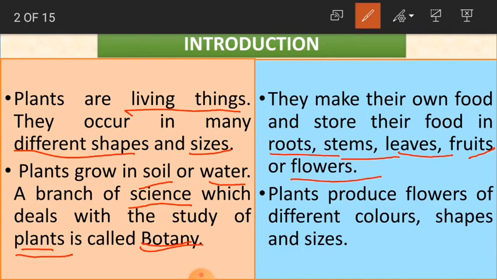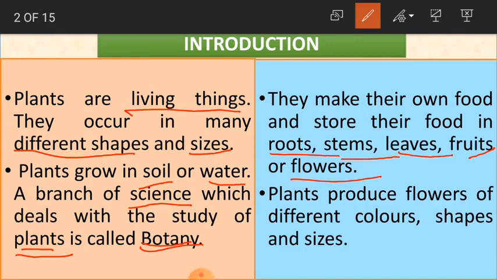For example, you take a rose flower. Only in one rose plant you will have so many different colors and shapes. White rose, yellow rose, pink rose, red rose, orange rose, and some roses will be small in size, bud roses. We call them bud roses. Some roses will be large in size.